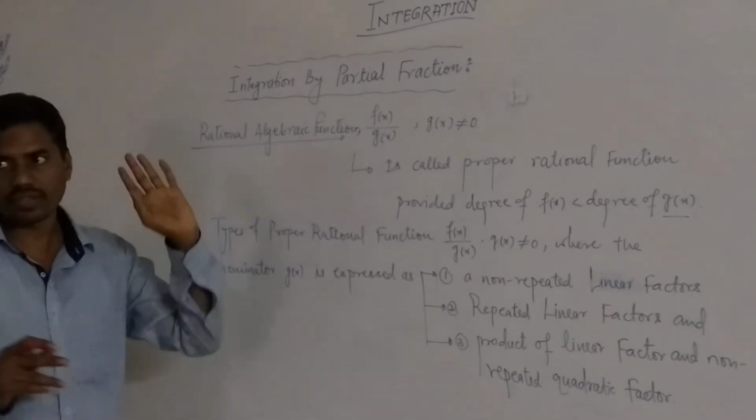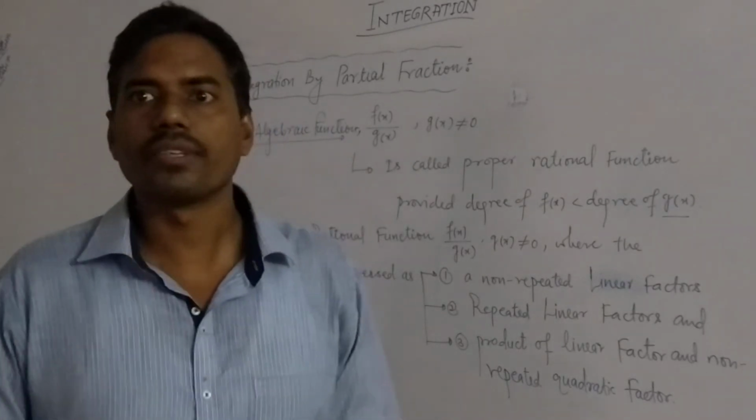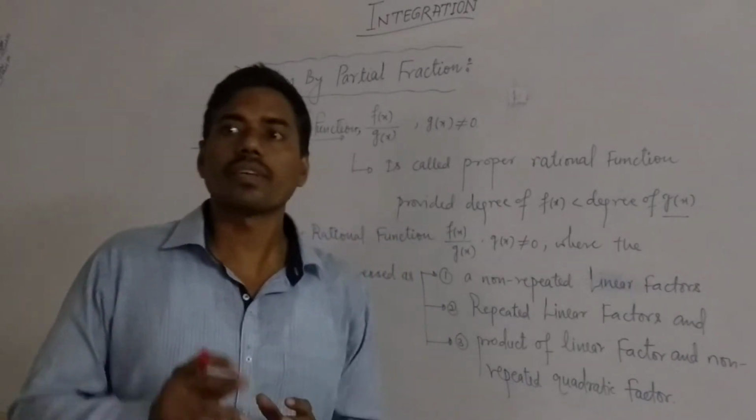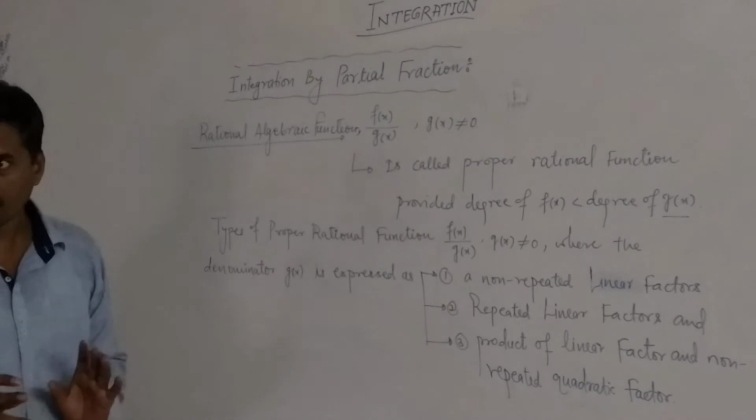Okay, clear? So f of x upon g of x is an algebraic function, a rational algebraic function. Clear?